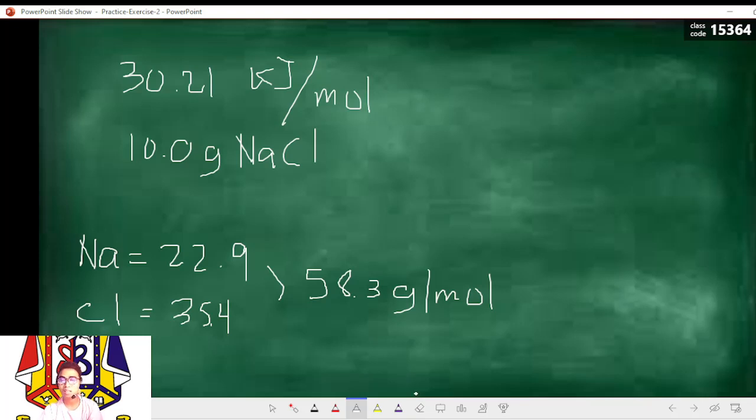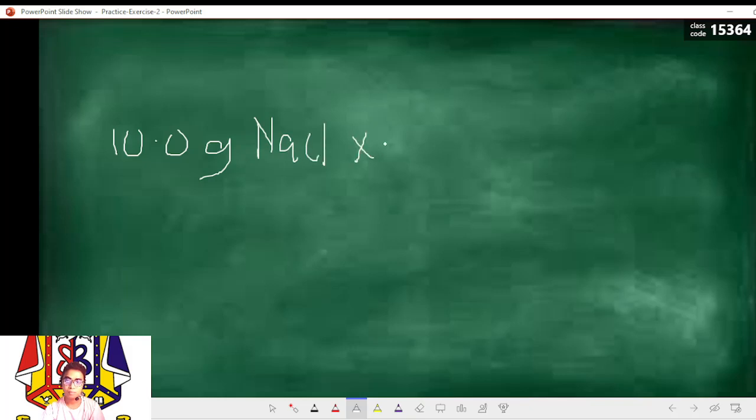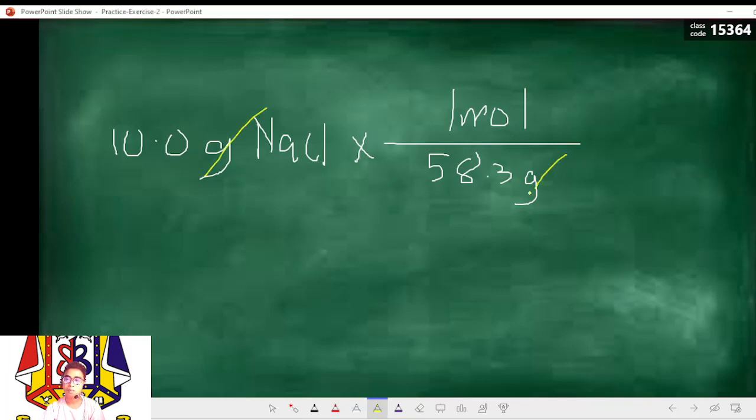Let us move to another blackboard. We have 10 grams of sodium chloride times 58.3 grams per 1 mole, so the unit of gram cancels out. 10 times 1 is equal to 10. Then 10 divided by 58.3 is equal to what?